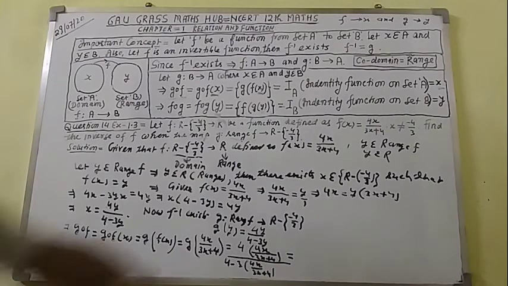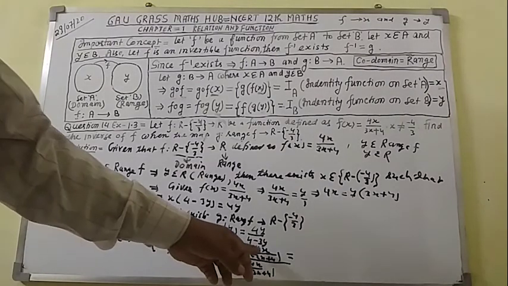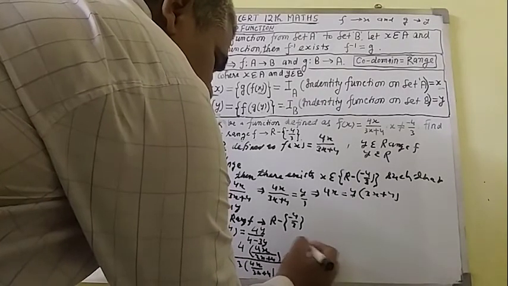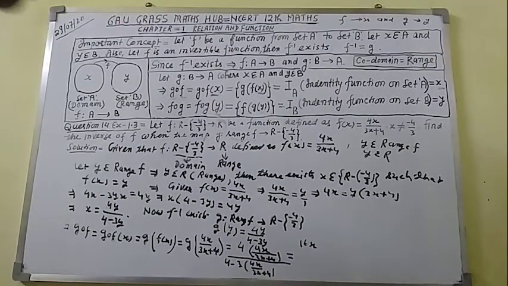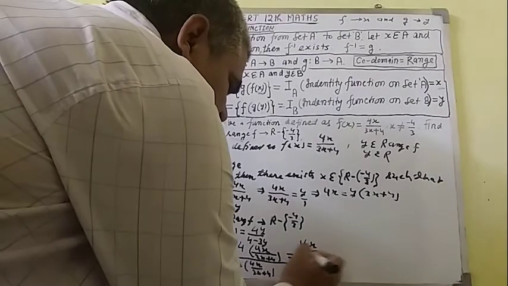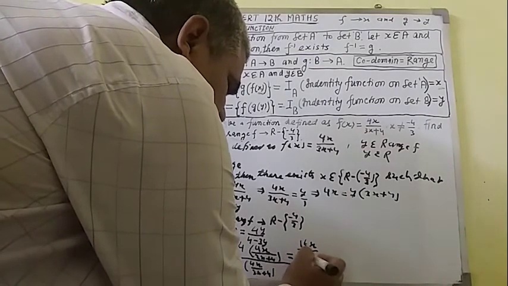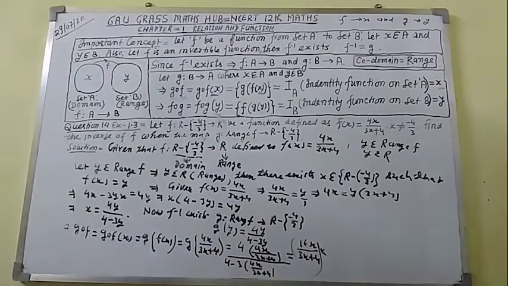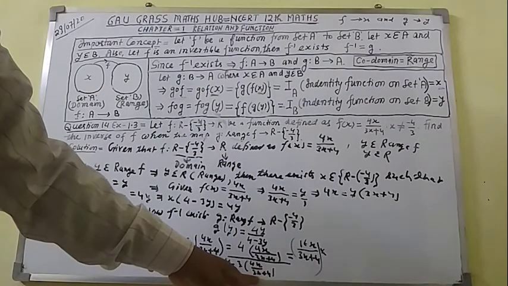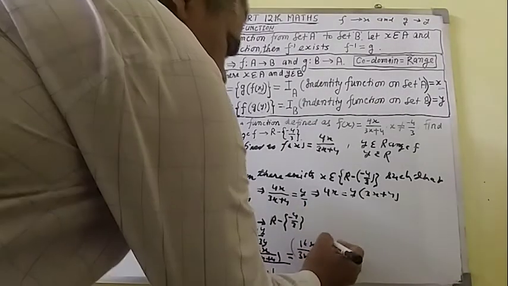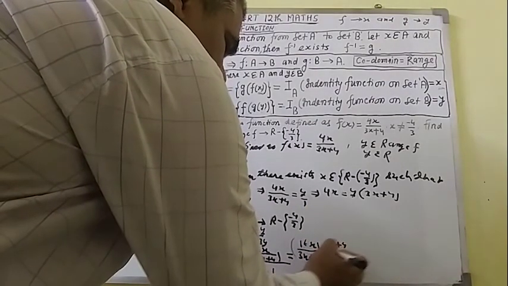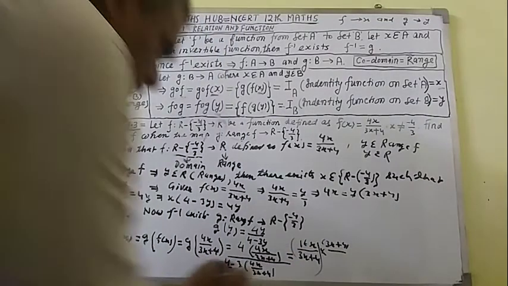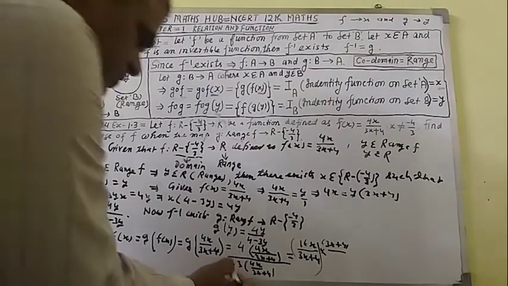Here you will get, see, this 4 will multiply. So in the numerator you will get 16x, and in the denominator 3x plus 4. Again this will multiply, and you can see 3x plus 4 is there, so it will go to 3x plus 4 whole over 1.